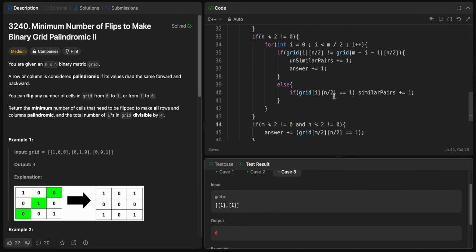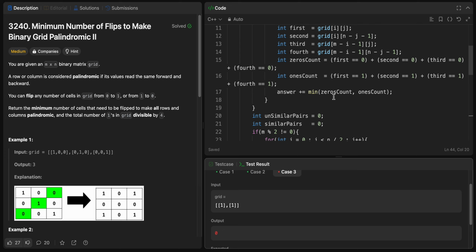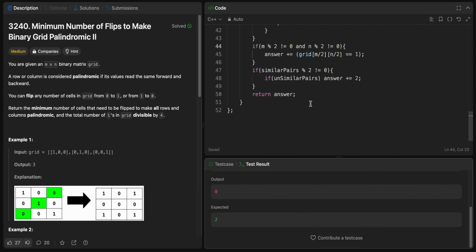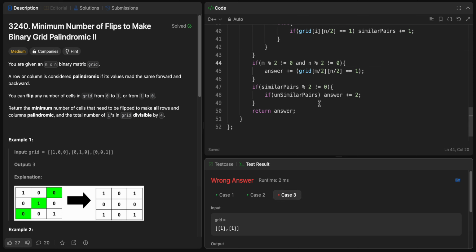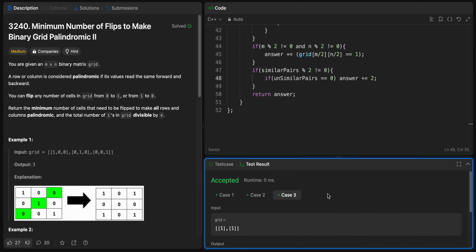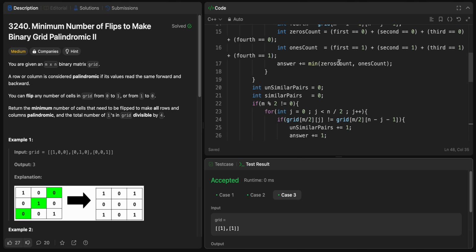So there's something missing here. Let me check that out. For the third condition, I should be getting, oh, this should be equivalent to 0. If that is equal to 0, then the answer should be increased by 2, right? So I'll just submit this.